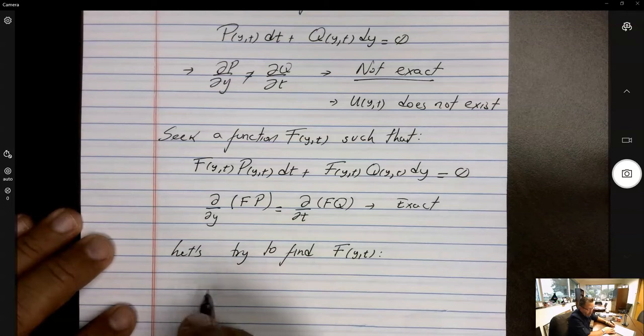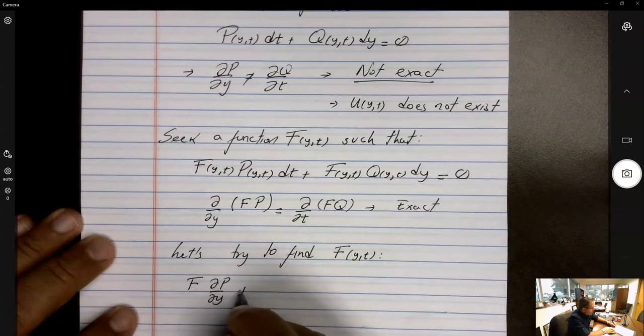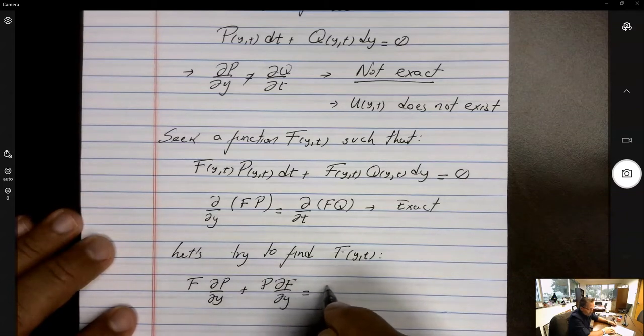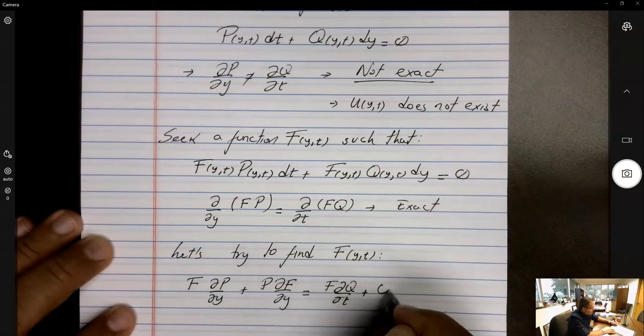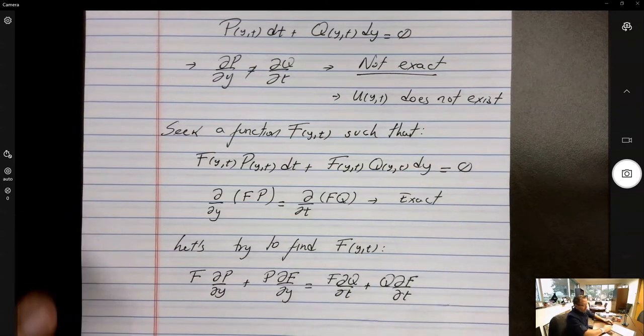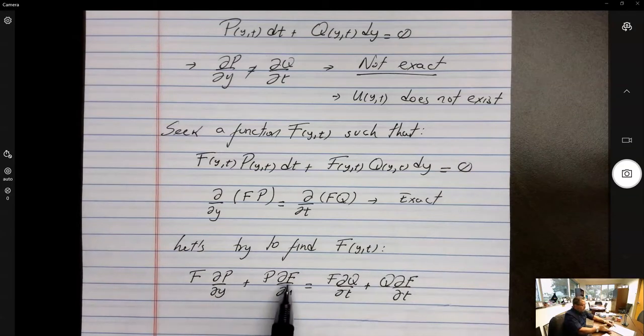So this is going to be f times the partial of P with respect to y, plus P times the partial of f with respect to y, is equal to f times the partial of Q with respect to t, plus Q times the partial of f with respect to t. Now, this happens to be a partial differential equation. This is a first order partial differential equation, since you have partial derivatives.